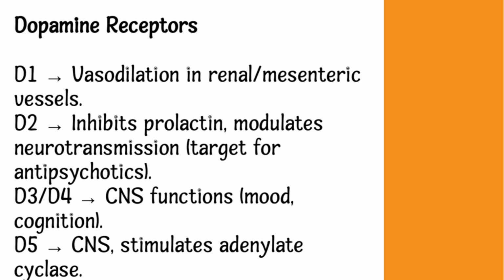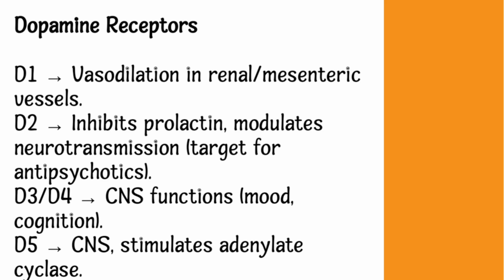Next group we have here, they are the dopamine receptors. Dopamine receptors, there are five. Now for the D1, they are involved in vasodilation in renal slash mesenteric vessels. The D2, they inhibit prolactin and modulate neurotransmission.